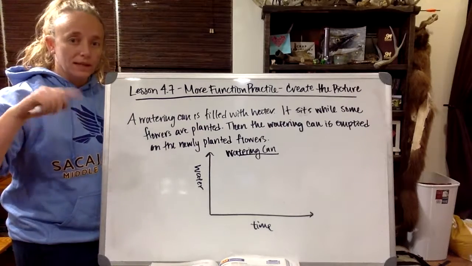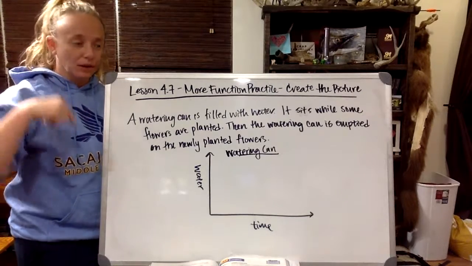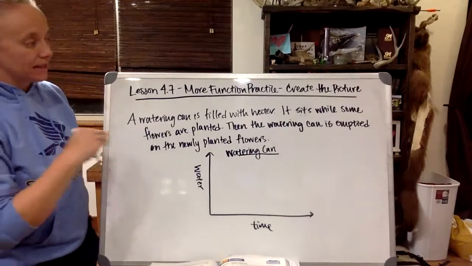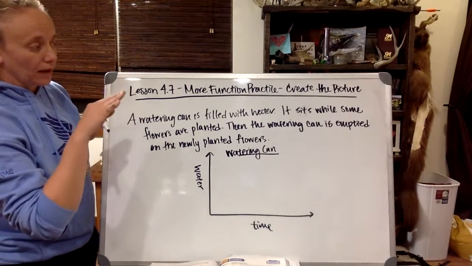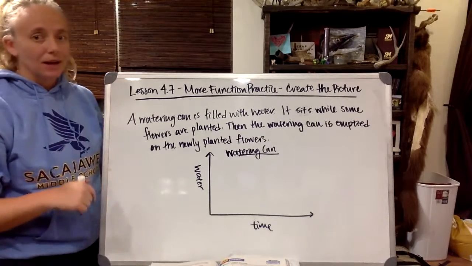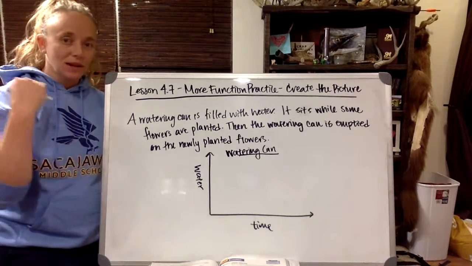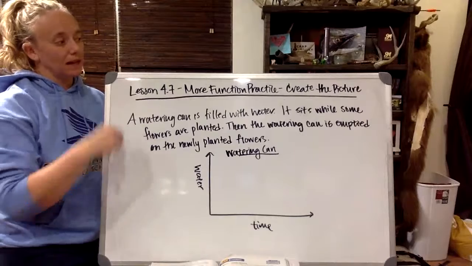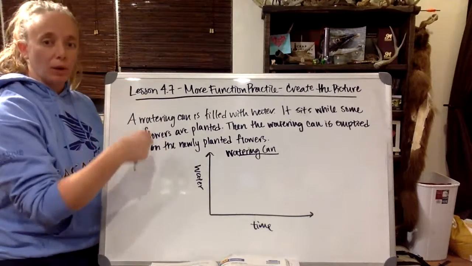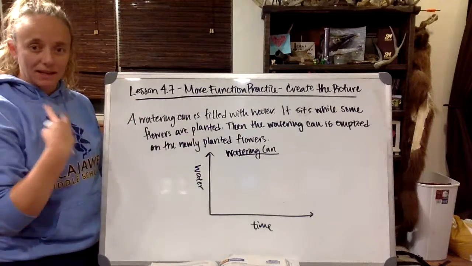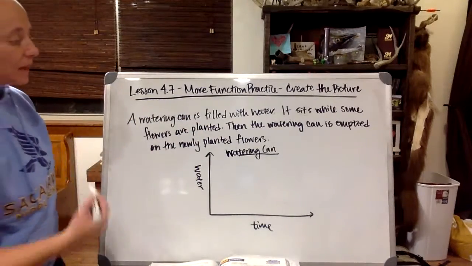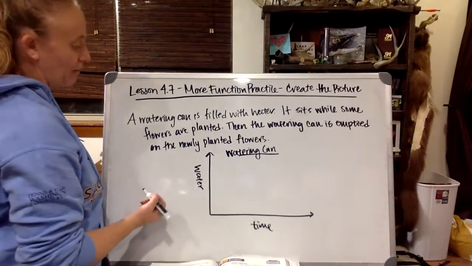As the water pours in, it's continually getting taller and taller in the watering can. It then sits there, and the time continues, and then the watering can is emptied. Yeah, we're talking about a continuous graph. There's not discrete points. We're not saying, what is the snapshot in time at 1 o'clock, at 2 o'clock, at 3 o'clock? It's just giving us time as a continuous concept. So this is going to be a continuous graph because of that.